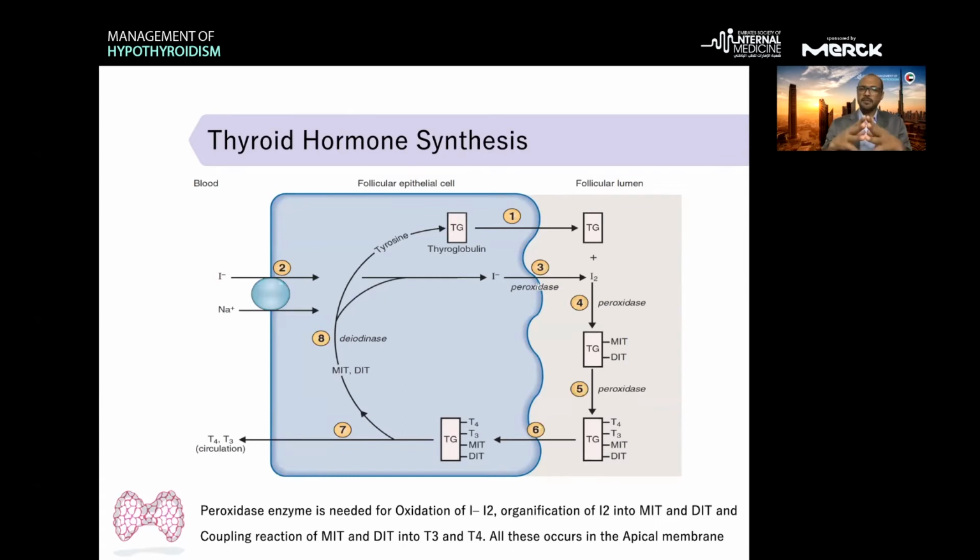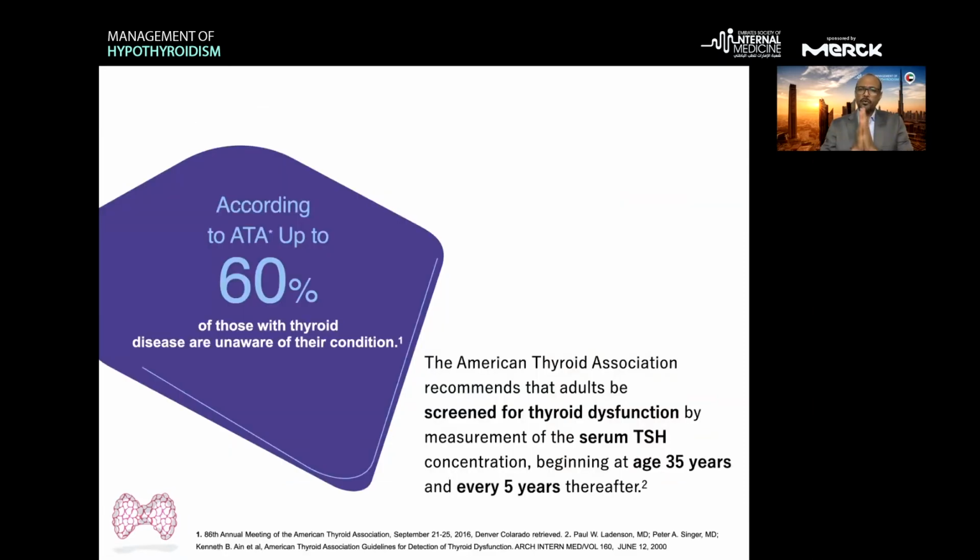That's again a step that requires peroxidase. So we need the thyroid peroxidase for probably more than 3 steps in the synthesis of thyroid hormone. And if we have antibodies against the thyroid peroxidase, then we will have a defect in thyroid hormone synthesis, and definitely it results in hypothyroidism. So how common are thyroid disorders or hypothyroidism?